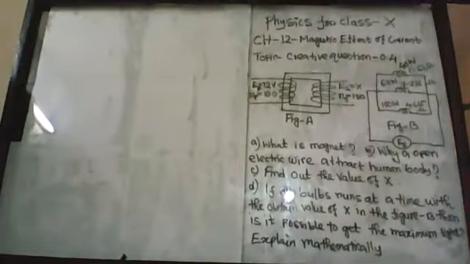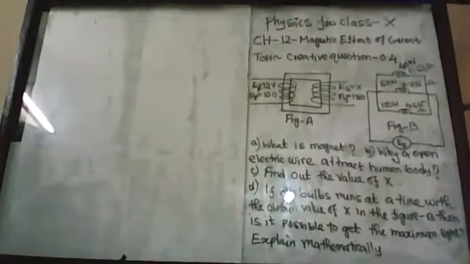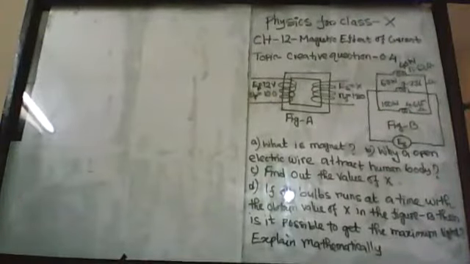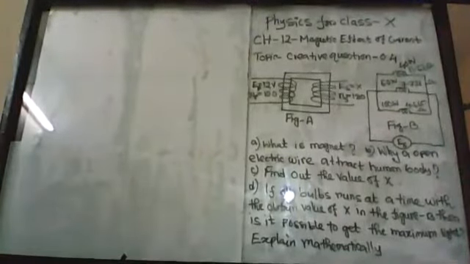Question C: find out the value of X, the secondary voltage of the transformer given in figure A. Question D: if all bulbs run at a time with the obtained value of X in figure B, is it possible to get maximum light from the supplied voltage ES? Explain mathematically. In today's lecture, I'm going to solve this full creative question.